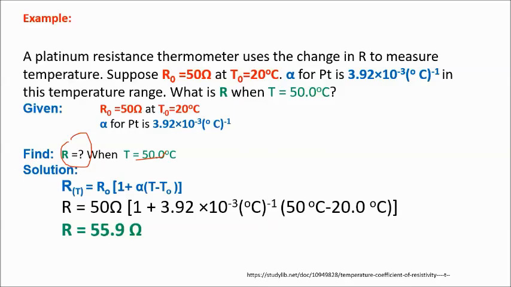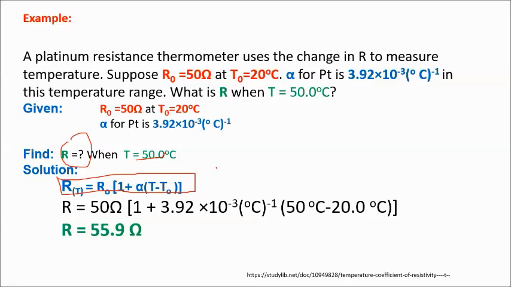So next is to use the formula R of T is equal to R sub 0 multiplied by the quantity 1 plus alpha multiplied by change in T. So plug in lang lahat yung given.